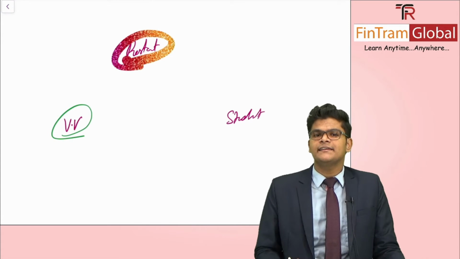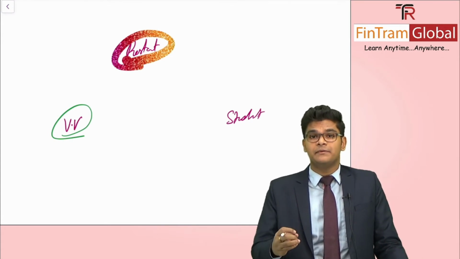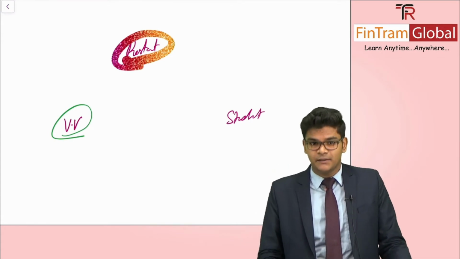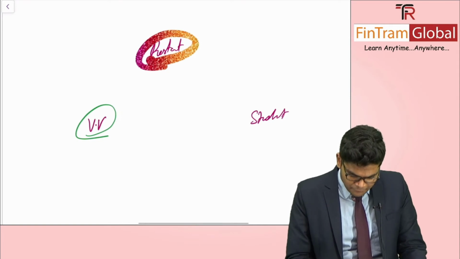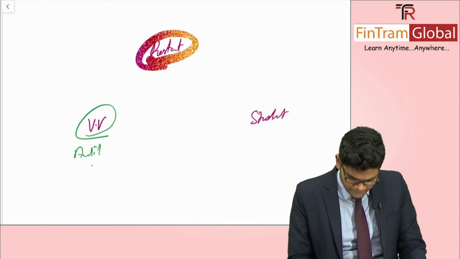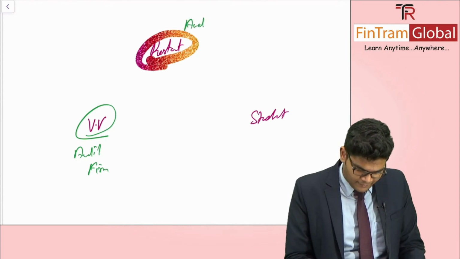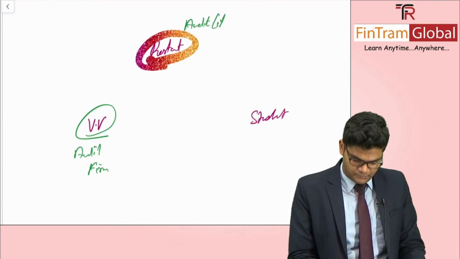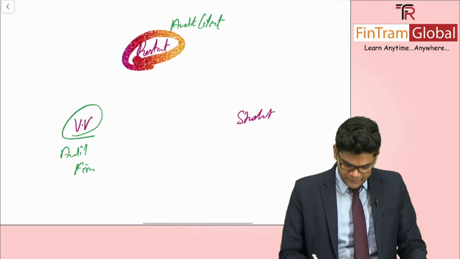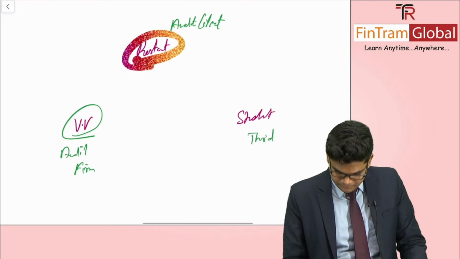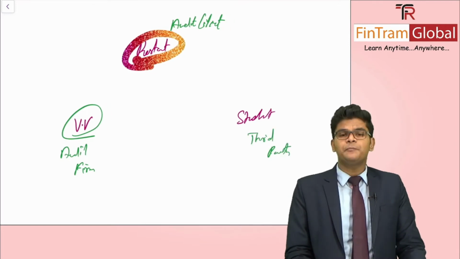So that's the idea behind professional liabilities towards third parties as well. In my place, I want you to consider the audit firm, and in place of the restaurant, the audit client. And in your place, you have the third party. The third party can be anyone.